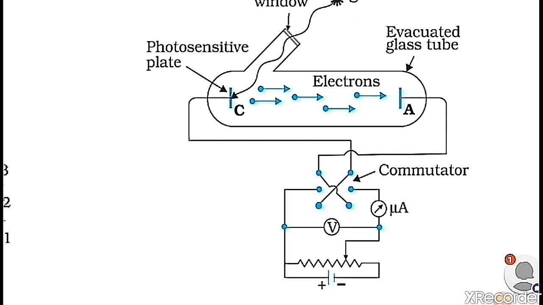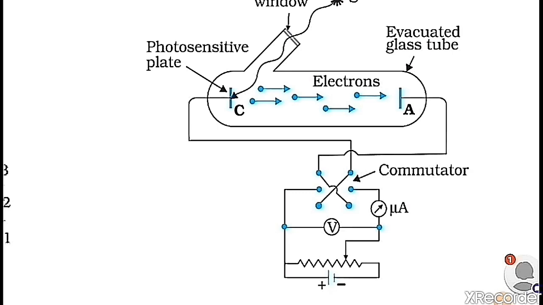Saturation current corresponds to the case when all the photoelectrons emitted by the emitter plate reach the collector plate. That means all the electrons emitted from the emitter plate are collected by the collector plate.